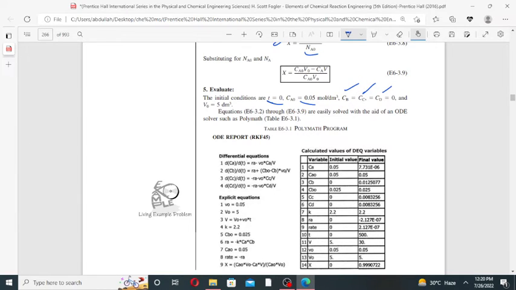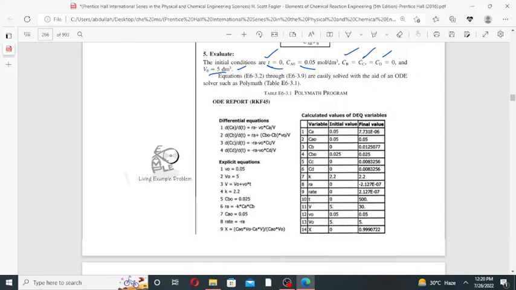When time was 0, there was no component B, no component C, and no component D in the reactor. But when time was 0, the initial volume of the reactor was 5 dm cube. So the volume of the reactor increases with the passage of time, because B is entering the reactor.